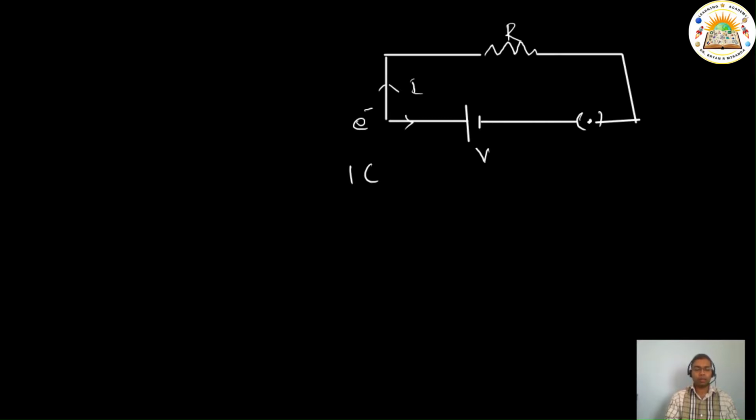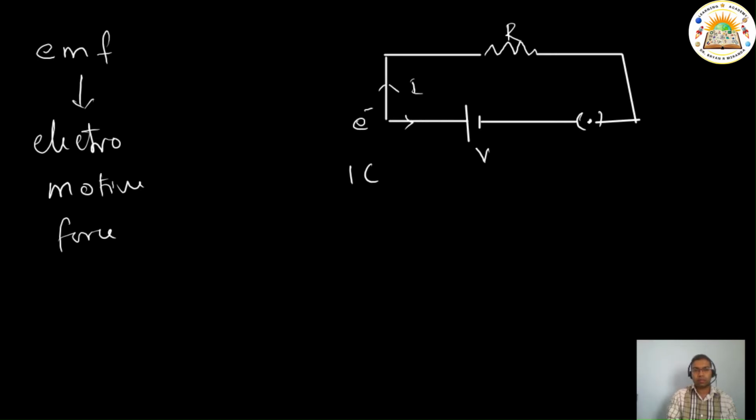Now there are a couple of things related to the EMF. EMF is abbreviated as electromotive force. That means the force that is needed to make the electron move. In general, the symbol we use for EMF is a small e or an epsilon, a Greek letter.